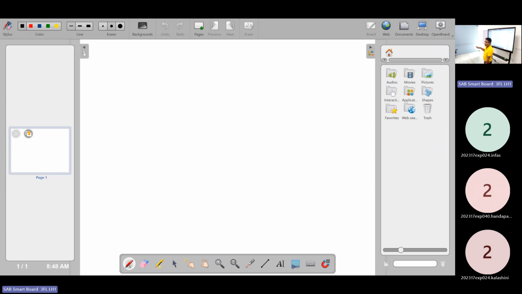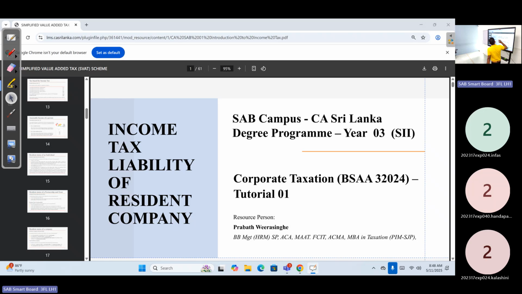A public ruling is applicable for all taxpayers. A private ruling is applicable for a particular taxpayer. Both rulings are binding on the tax officer, but not on the taxpayer.